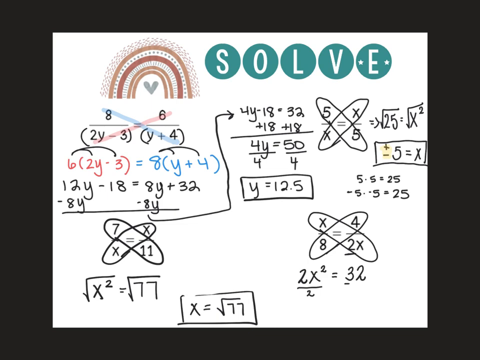So I'm going to start by dividing by 2. So now I have x squared equals 16. To undo this squared, I take the square root. So x is 4. And then remember, we took the square root, so x could technically be positive 4, or it could be negative 4.